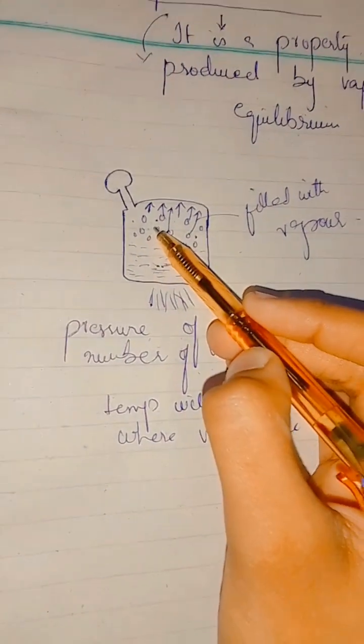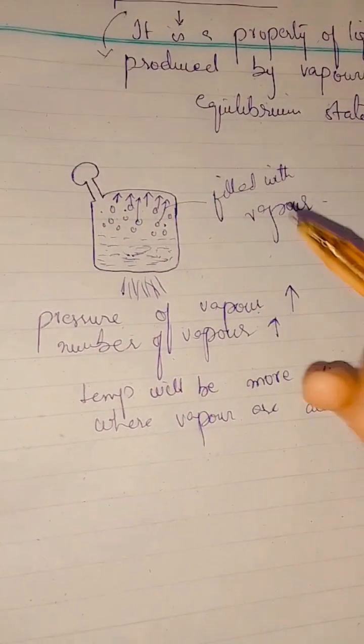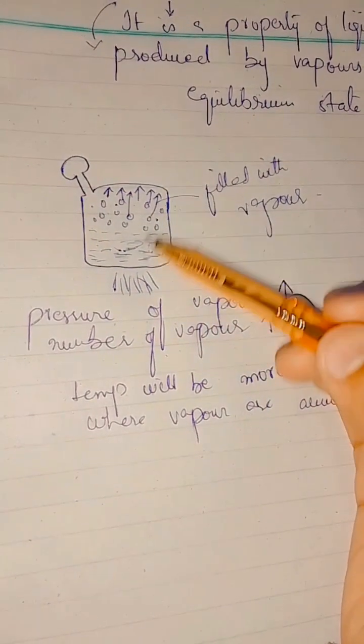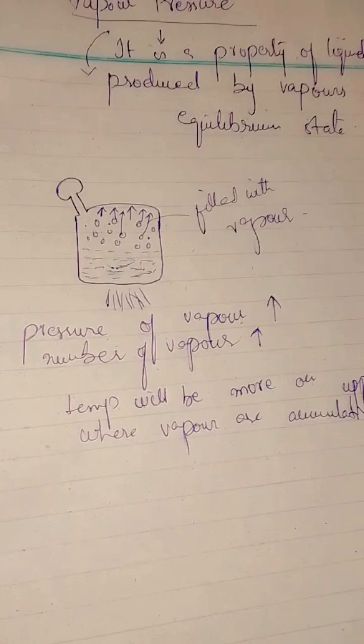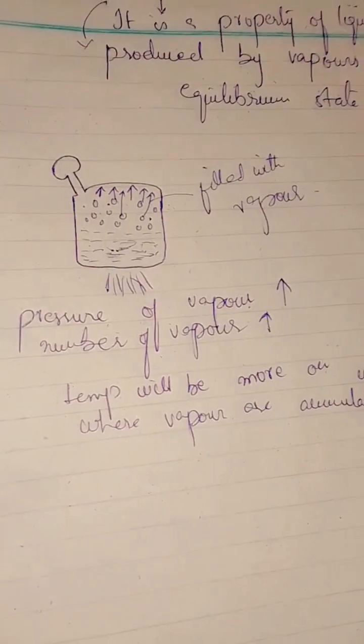Now these vapors have no space to go out from the container, because it has a covering on the upper side. So these vapors will again start to shift into the hot water.